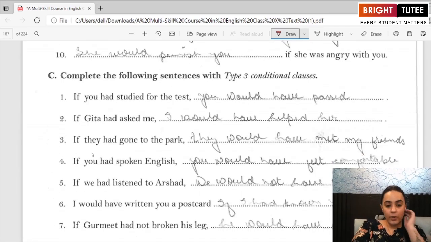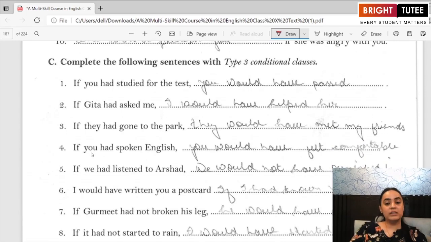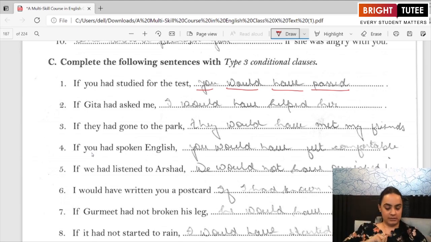Now the third question, which talks about the type 3 conditionals, which are impossible. So if you had studied for the test, what was the structure of the second clause? Would plus have, the verb and the rest of the clause. So if you had studied for the test, you would have passed.